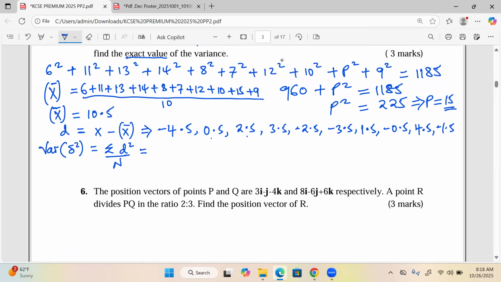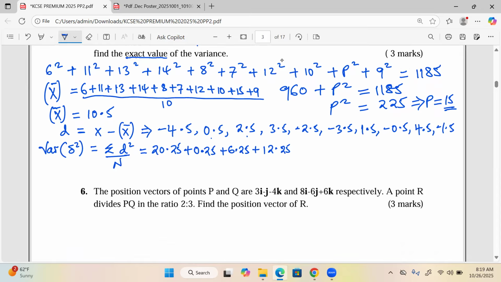So 4.5 squared, that is 20.25. Actually, I wanted to add them direct, but let me show the squared values. 20.25 plus 0.5 squared, we get 0.25, plus 2.5 squared, we get 6.25, plus 3.5 squared, we get 12.25.